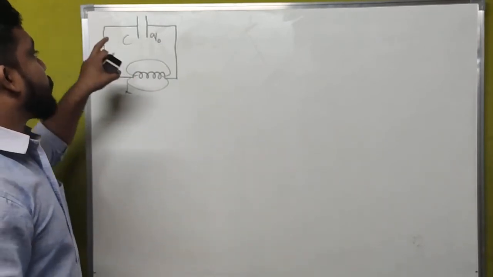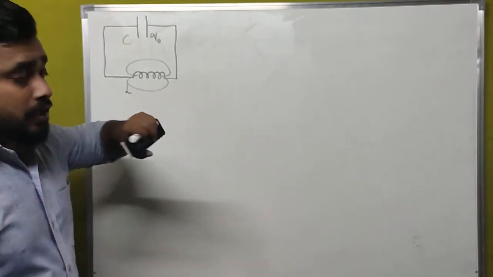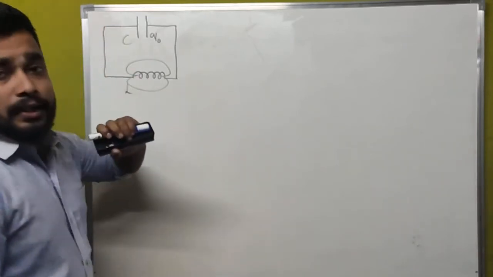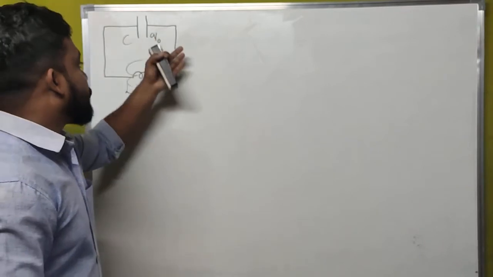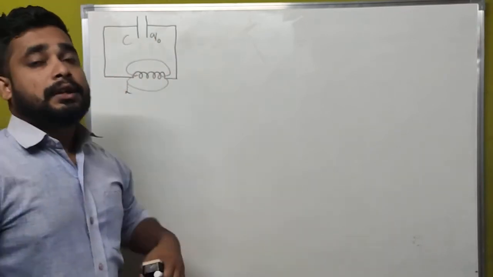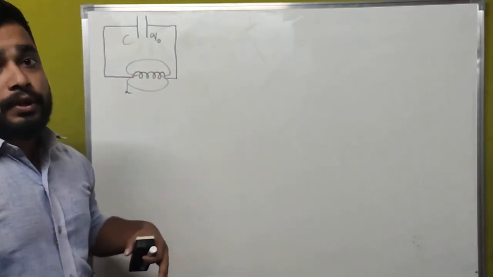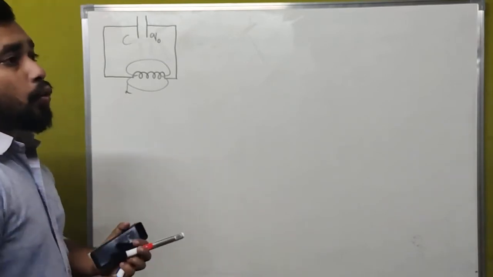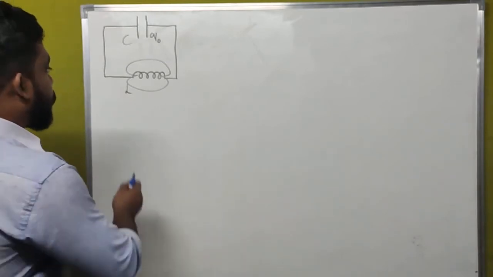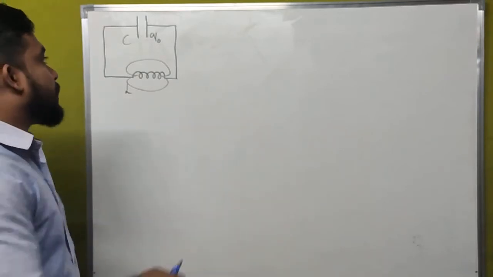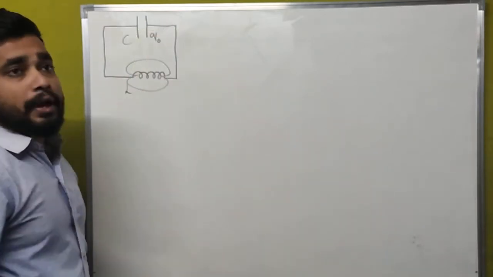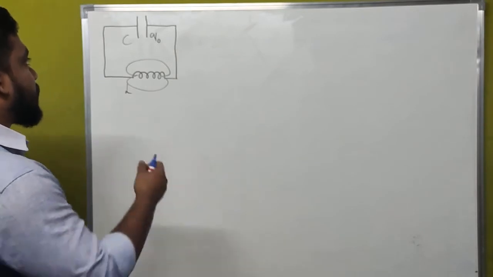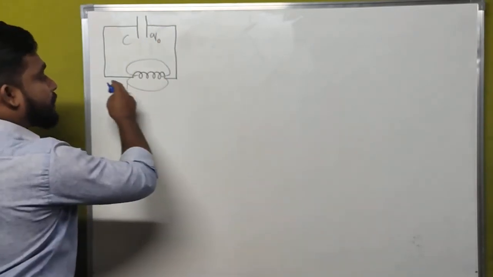Then what is the potential difference across this? What is the EMF set here? What is the current flowing through the circuit? Those things we should know first. First, we consider the current flowing through the circuit once the charges discharge through the inductor.